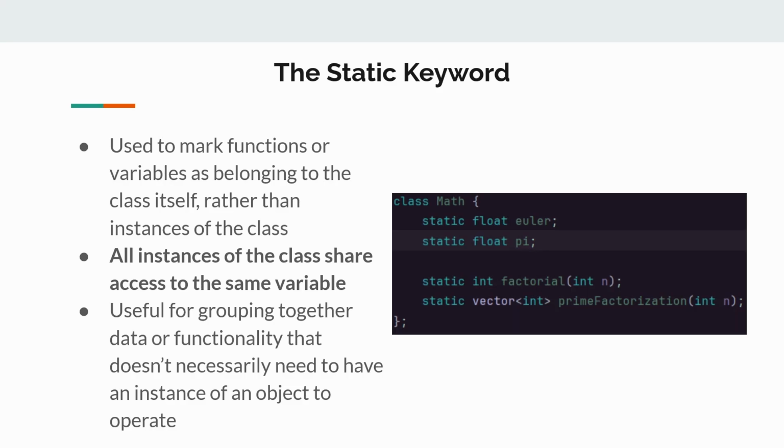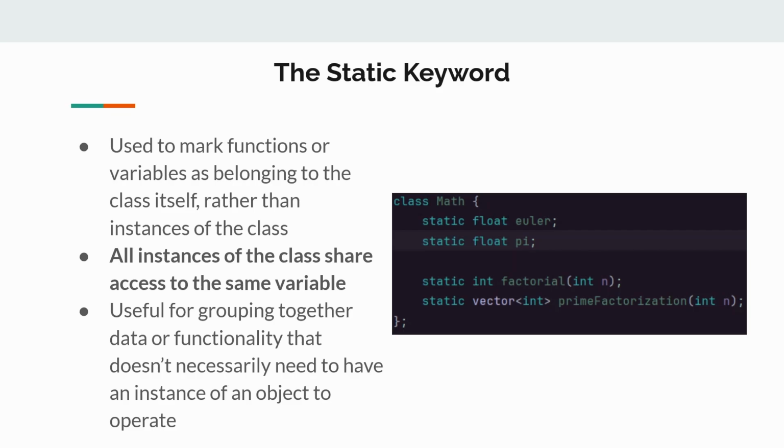For example, in the picture, we have static float pi. What that means is if we set pi to a certain value and we create two different objects of this class called math, that variable pi is going to be the same across them, even though we only set it in one of them, right? Because it belongs to the class rather than just an instance of this class, if that makes sense.